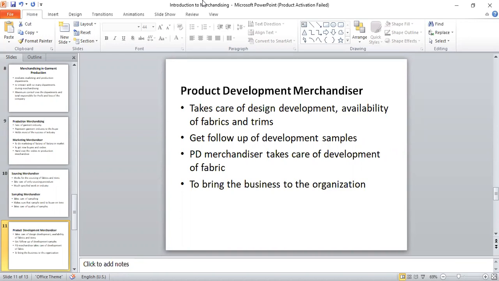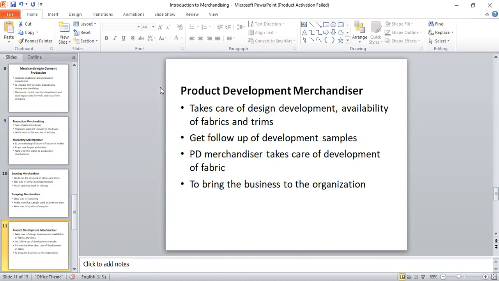PD means product development. The PD merchandiser takes care of activities like design development, availability of fabrics and trims for the same, and follow-up of the development samples. Sometimes organizations have in-house fabric production. Development of fabric is also followed by the PD merchandiser, to bring business to the organization.